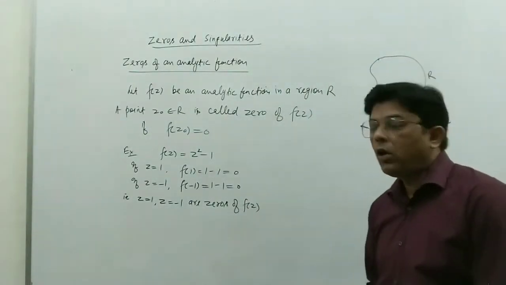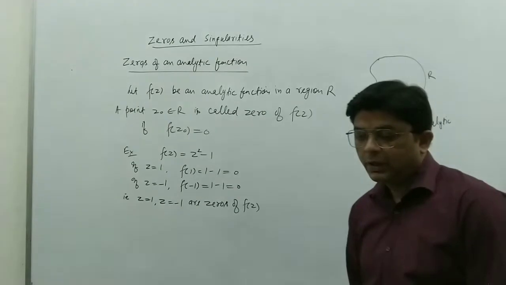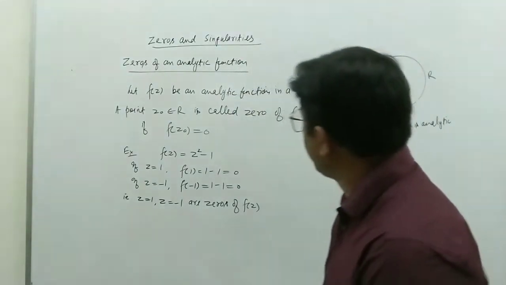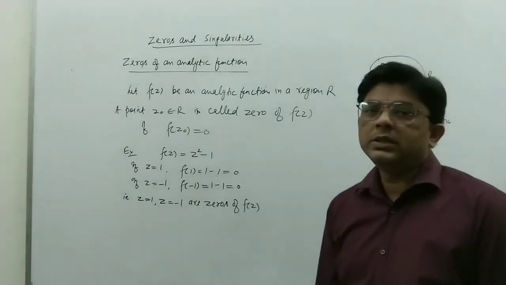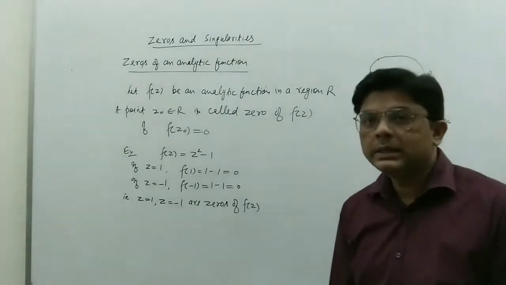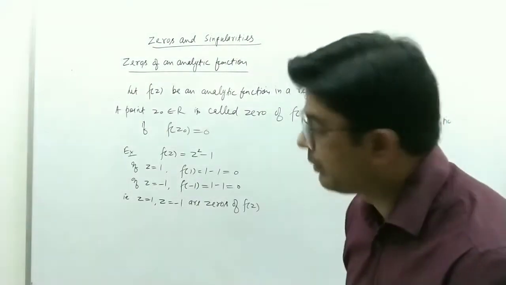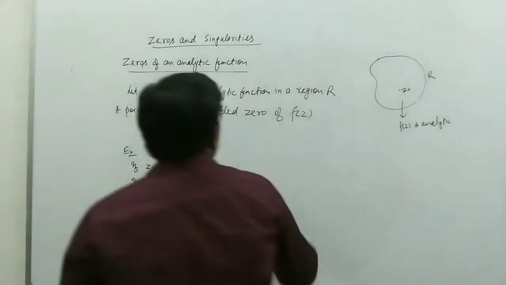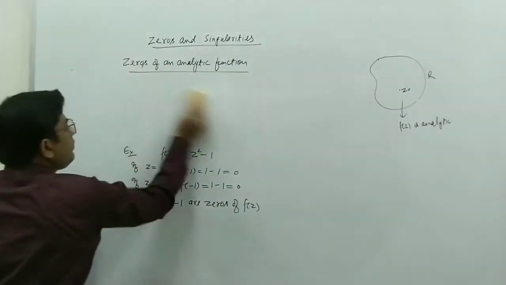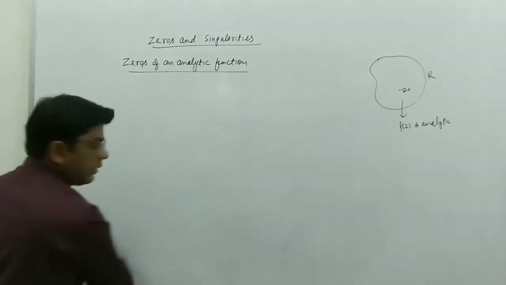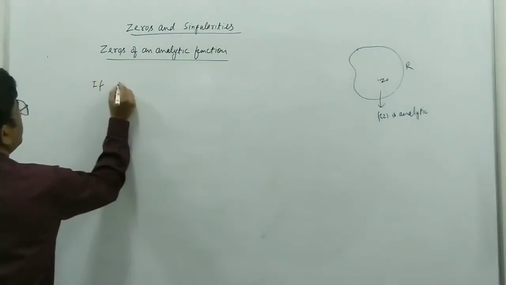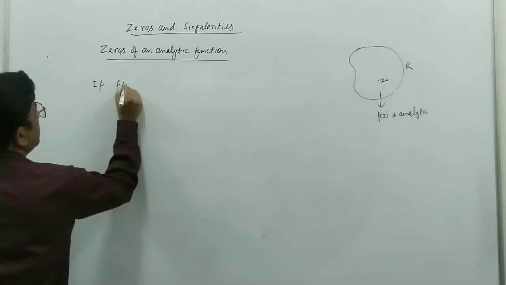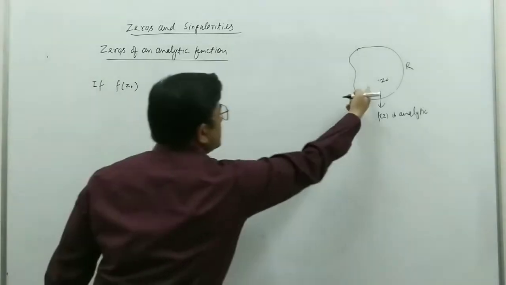Now we define the order of zeros. Whenever we have this type of zero, we say that this is a zero of order 1 or simple zero. So what is the definition of simple zero? Suppose we have this point z0.